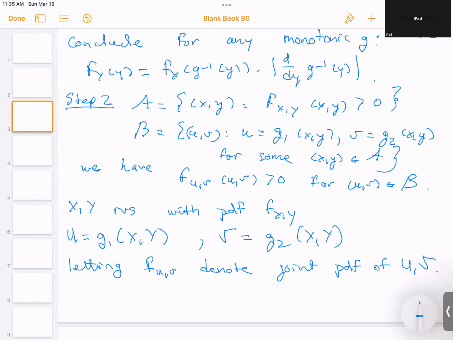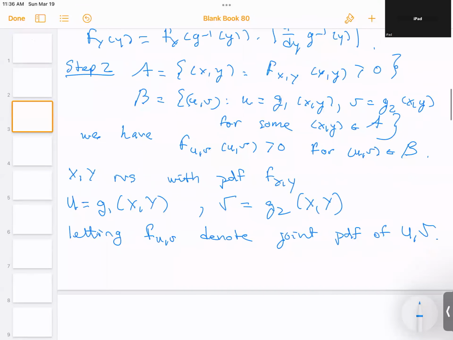Okay, so if I do this, I simply have to replace the monotonic condition with a one-to-one condition. This is the simple case.